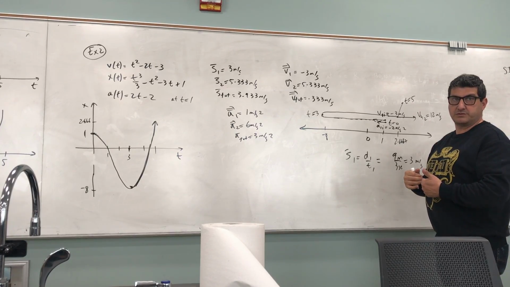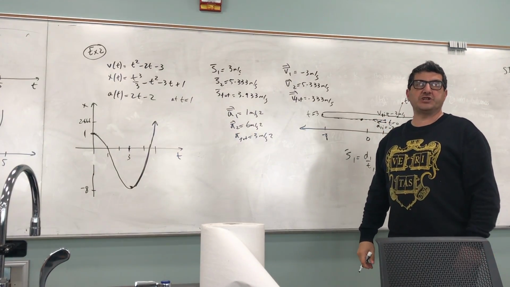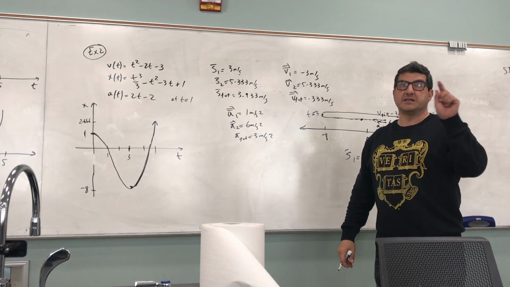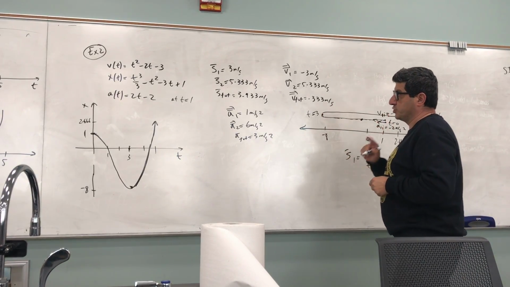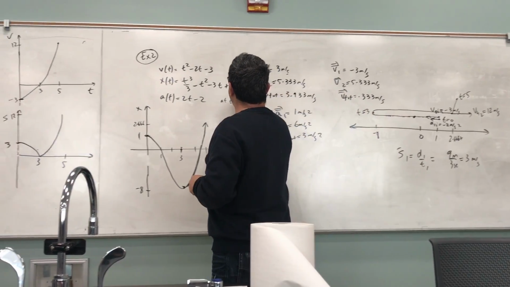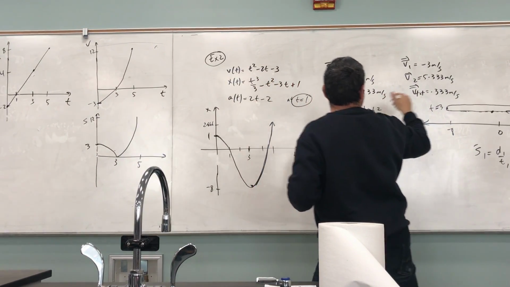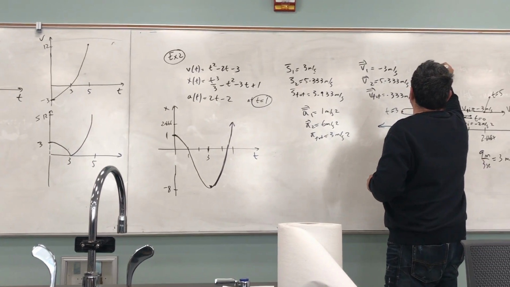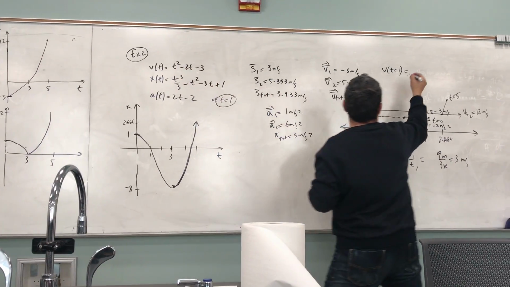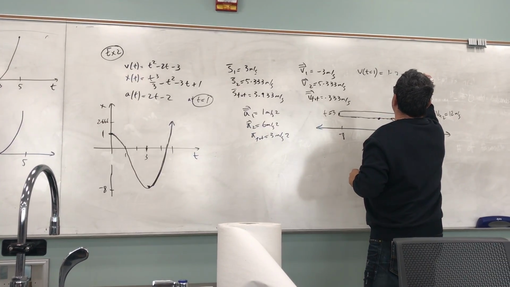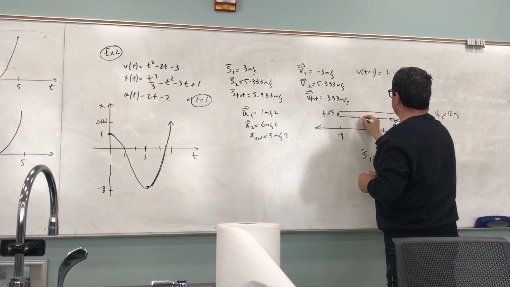At the instant that you reach acceleration of 0, that's when you reach your highest speed going to the left. So we can take t equals 1 and put it back into the v function. v of t equals 1 is going to be 1 minus 2 minus 3. That's going to be negative 4 meters per second. So this is now negative 4.